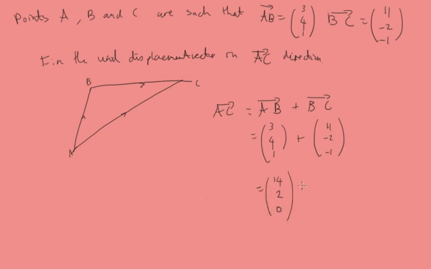So the magnitude of AC is 14 squared plus 2 squared plus 0 squared, and that is going to give us the root of 200, which is 10√2.